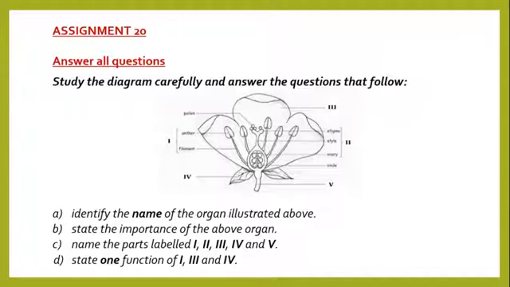B. State the importance of the above organ. C. Name the parts labeled I, II, IV, and V in the diagram above. And finally, D. State one function of I and IV. I wish you the best of luck.